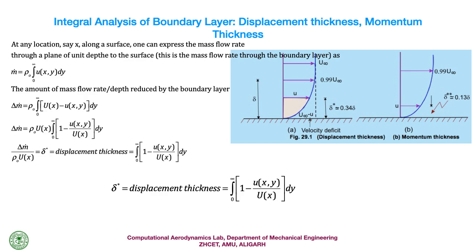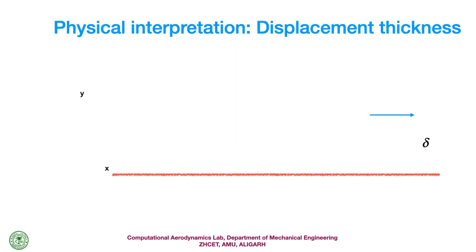So you can see that delta m is equal to rho naught integral from 0 to infinity of (u at x minus u at a) dy. So now you can say displacement thickness basically represents the defect in the mass flow rate.